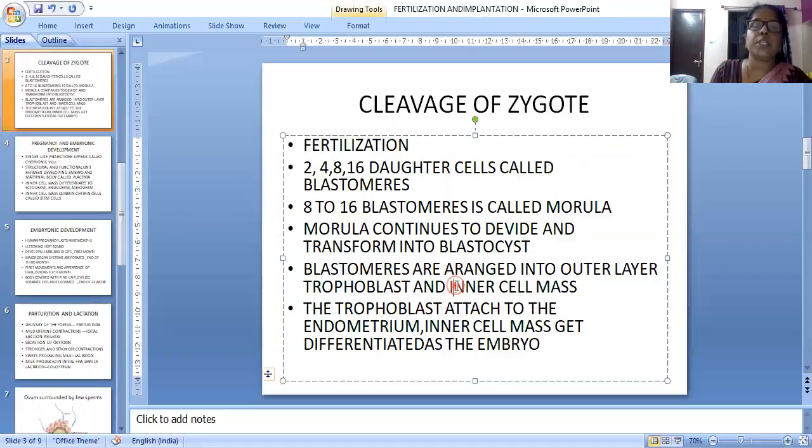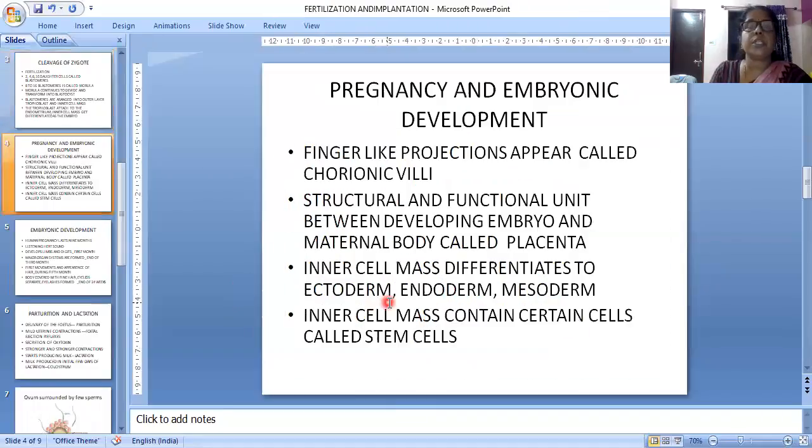This inner cell mass is converted into the embryo. It has three portions: ectoderm, endoderm and mesoderm. The inner cell mass contains certain cells called stem cells.